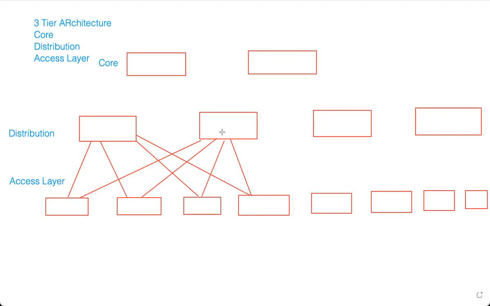Okay, this is a carbon copy of the one we were discussing, but we'll look into it. That is the internet.